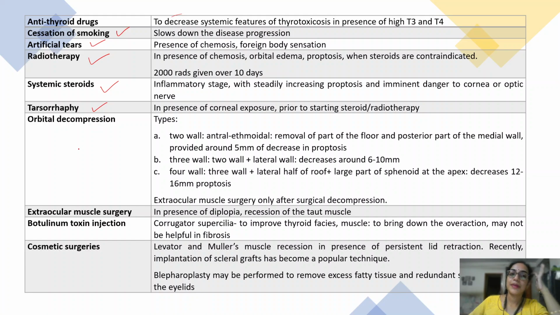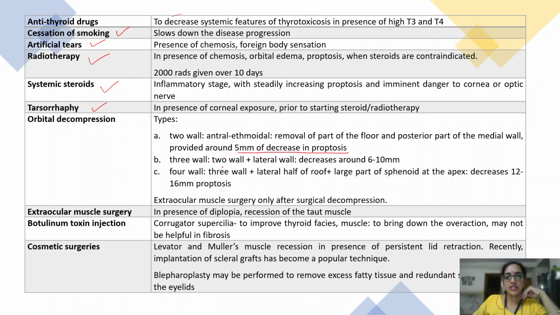Orbital decompression, it can be 2-wall, 3-wall or 4-wall. 2-wall is antral ethmoidal when we remove a part of the floor of the orbit and posterior part of the medial wall. Okay, and it gives around 5 mm decrease in proptosis.